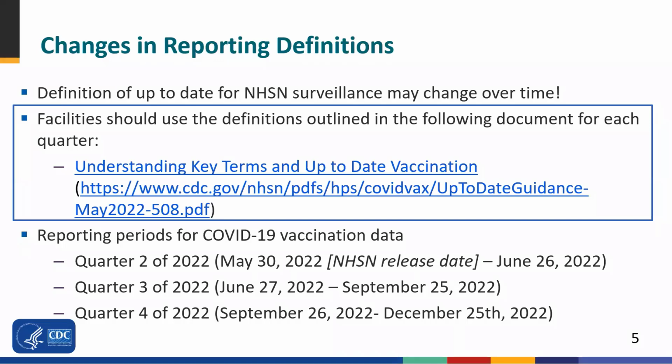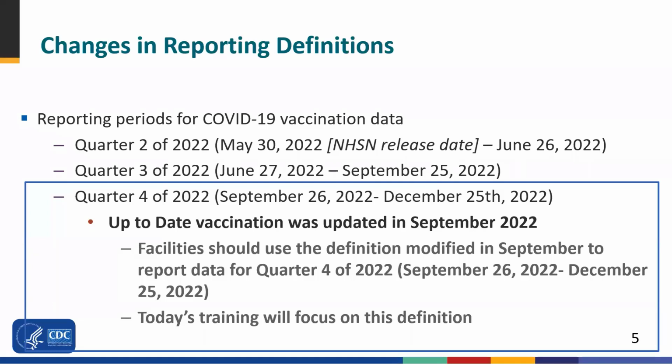In May 2022, up-to-date COVID-19 vaccination was originally defined. In June, this definition was updated. This webinar will go over the newest update to the definition that will be used for quarter 4 reporting.